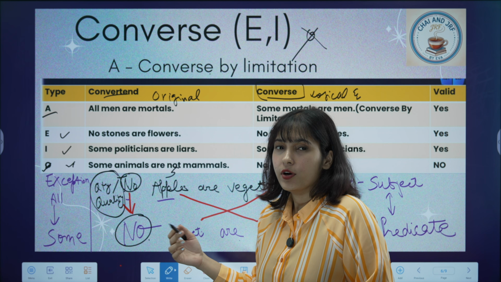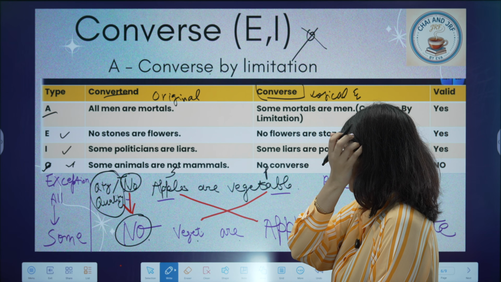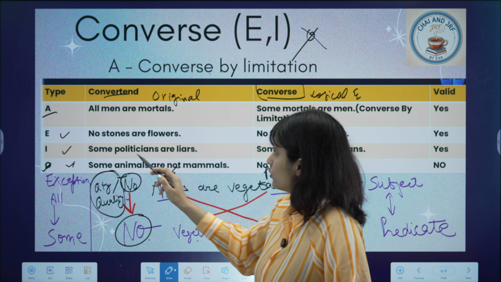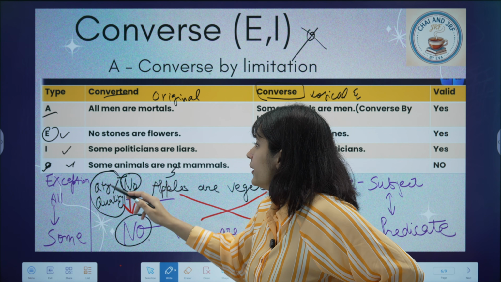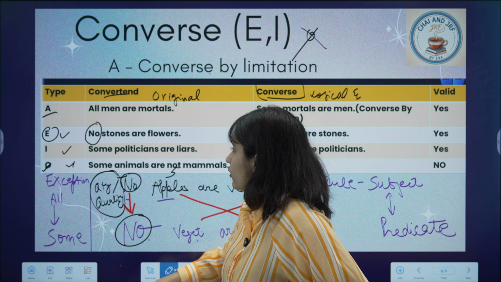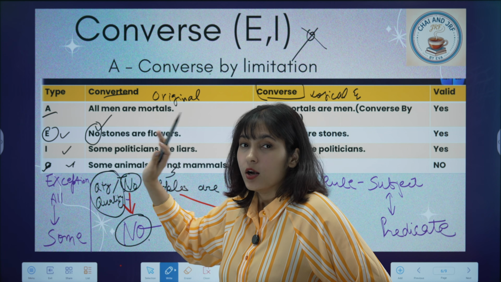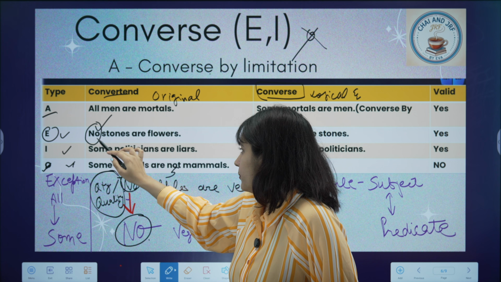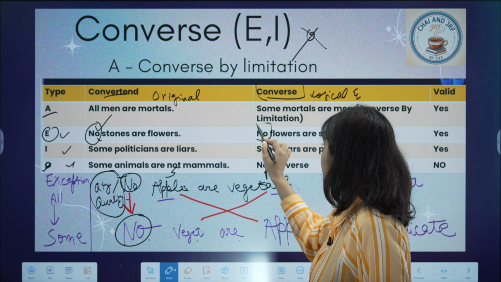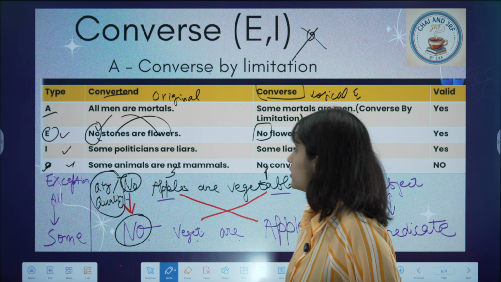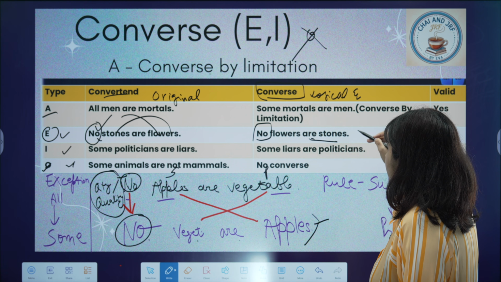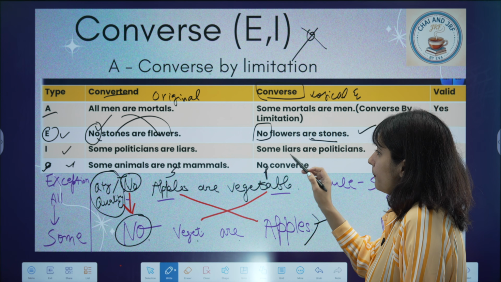Now let us try to understand these other examples. Looking at this part, E conversion, we already saw that. So now we have no. What are we going to do? We are going to keep quality and quantity the same. So no as well. Flowers will get interchanged with stones, and stones will get interchanged with flowers. I hope you got this example.